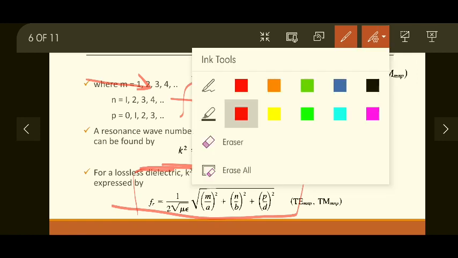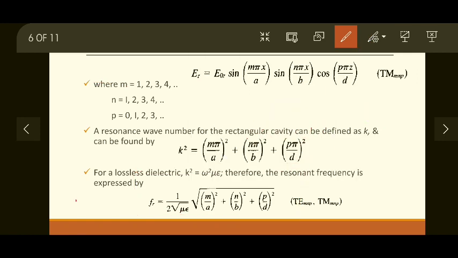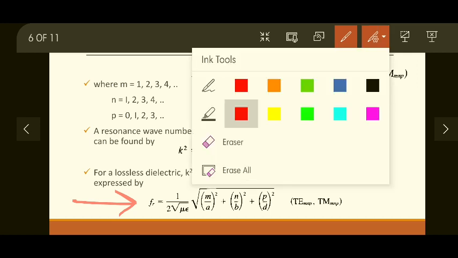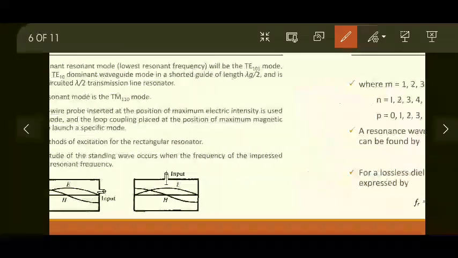So for TE and TM mode, in case of a rectangular cavity, you can find resonant frequencies from this formula. As we have discussed previously, a mode with the lowest resonant frequency is the dominant mode. So we can calculate which will be the dominant mode by substituting different values of m, n and p.